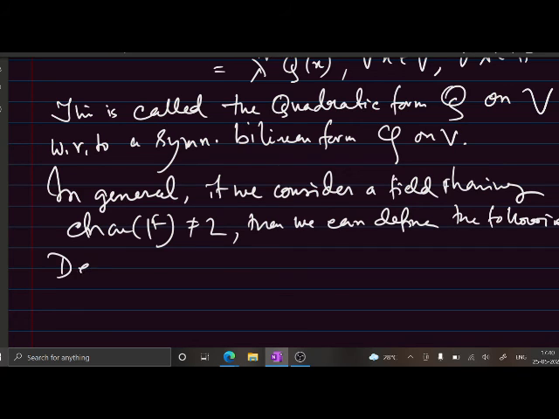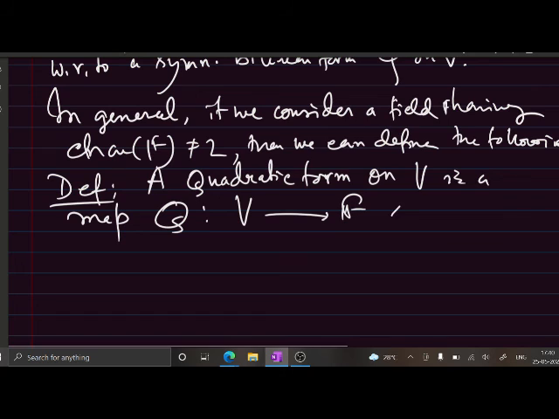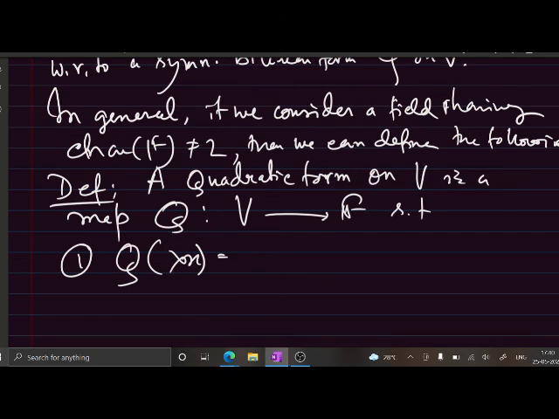What is the definition? A quadratic form on a vector space V is a map q from the vector space to the field F such that the first property is q of lambda x should be lambda square q(x). This is true for all x belonging to V and for all lambda belonging to F.